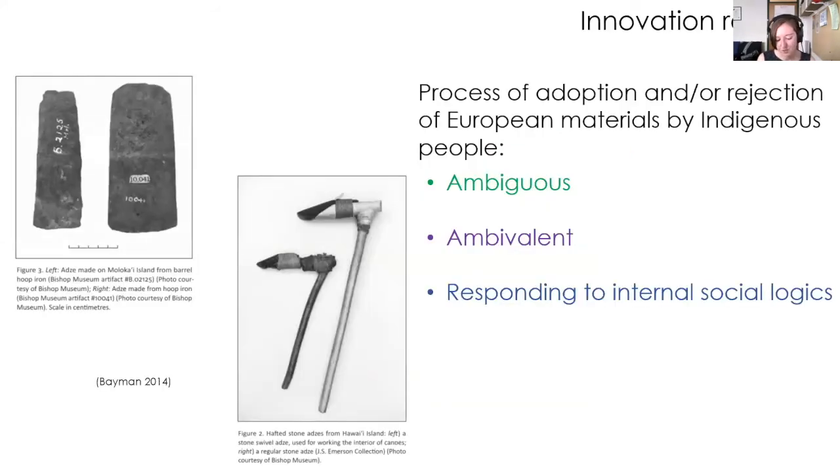Resistance to innovation, when we discuss it in archaeology, has mostly been studied through histories of contact and colonialism. These studies demonstrate, alongside copious anthropological work in this post-colonial context, that instead of the product of backwards people, indigenous resistance to colonial materials and technologies is better characterized as ambivalent and ambiguous.